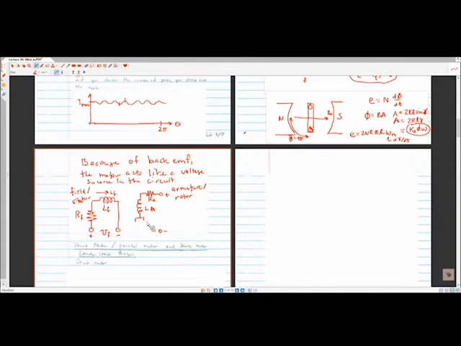And so oftentimes we'll draw that as some sort of voltage source. So voltage across the armature. We then also have a voltage from the back EMF.